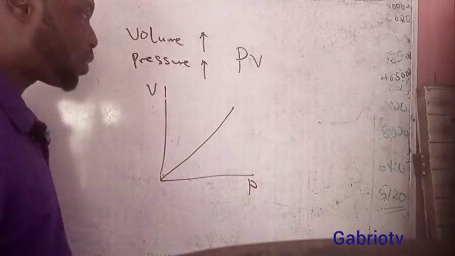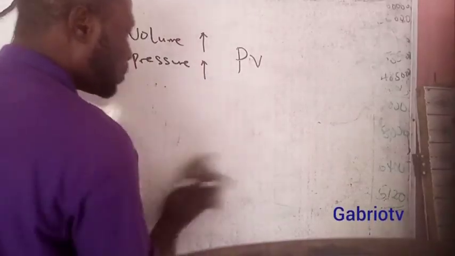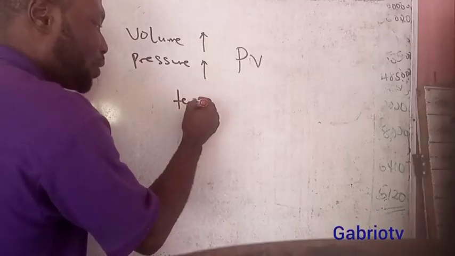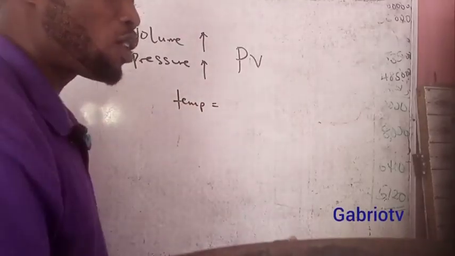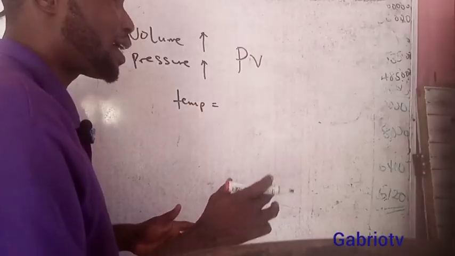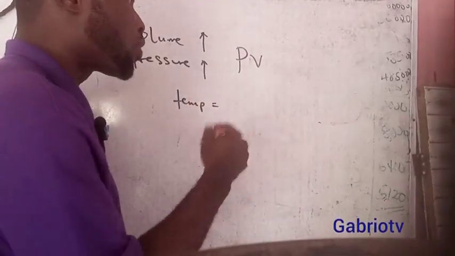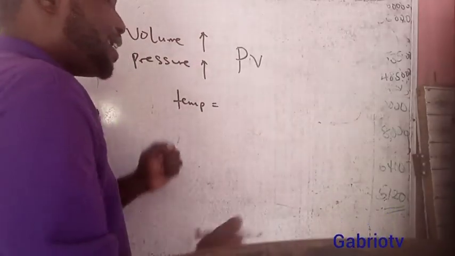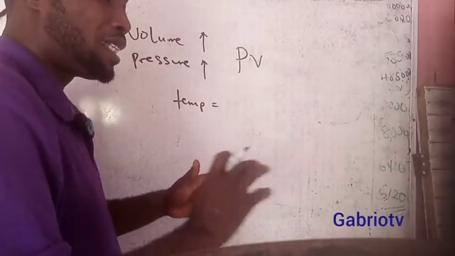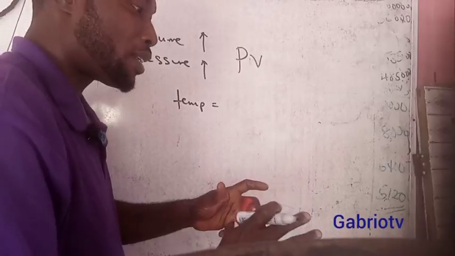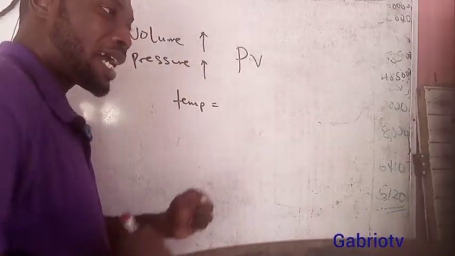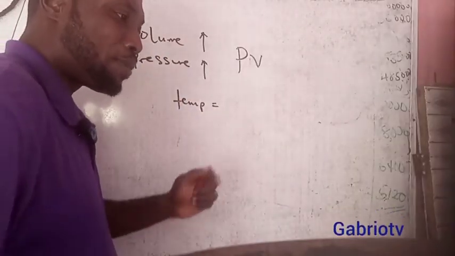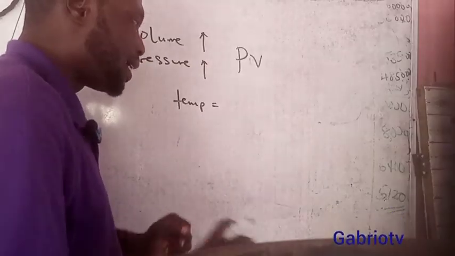Then what about the kinetic explanation of Boyle's law? The kinetic theory is trying to tell us that at constant temperature, when the temperature of a gas, in a gas cylinder or an environment, is constant, the gas particles have kinetic energy to move around faster, you understand?